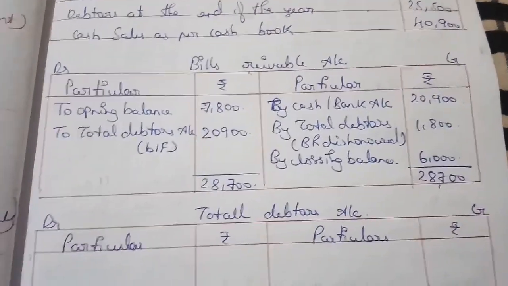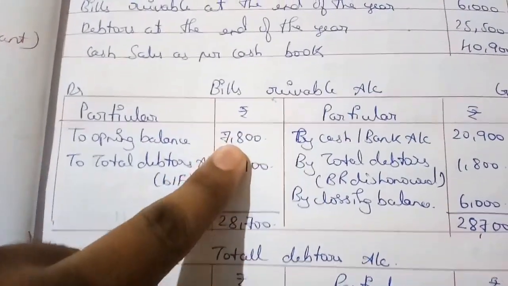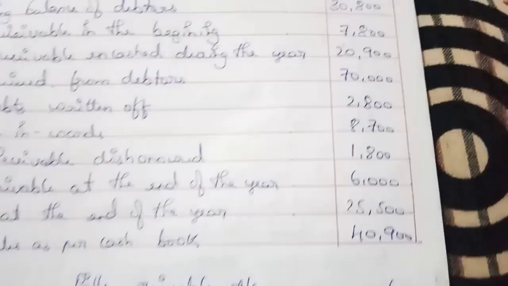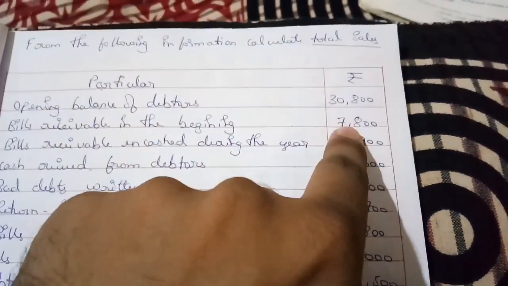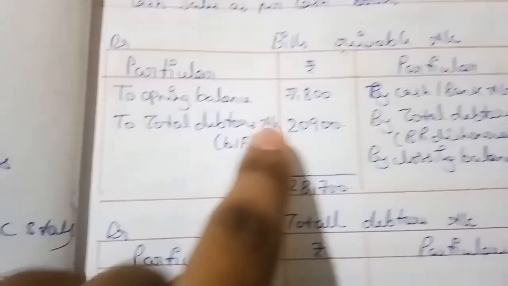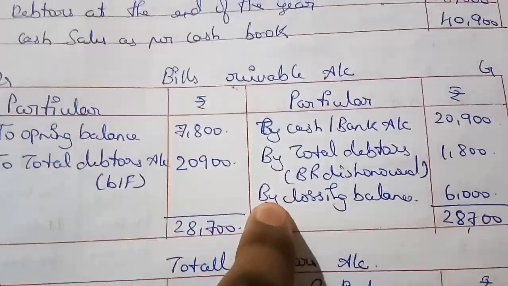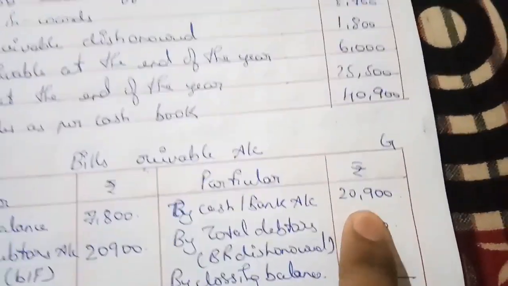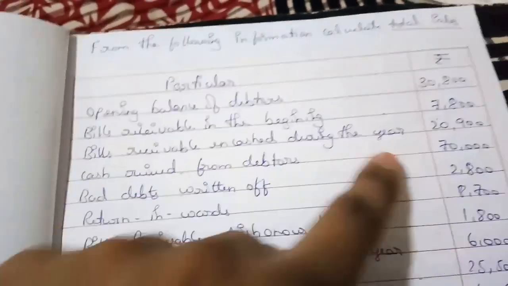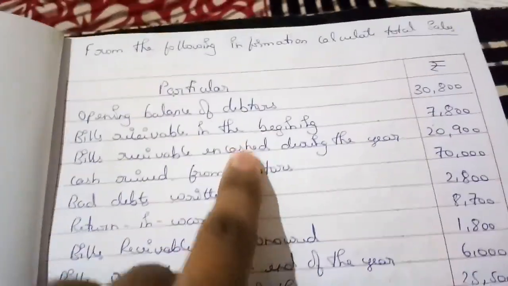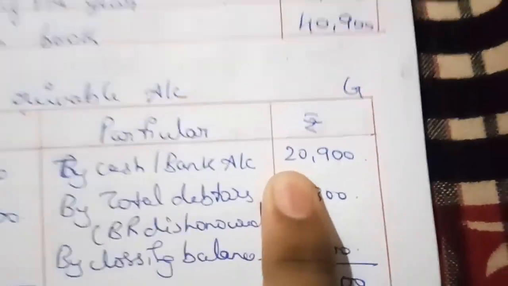Now I will show you the opening balance 7,800, from where it came. See here, bills receivable in the beginning 7,800, so it will come here. Then we have all entries here. By cash and bank, that is 20,900. It came from here, BR cashed during the year, so 20,900 we have transferred here.